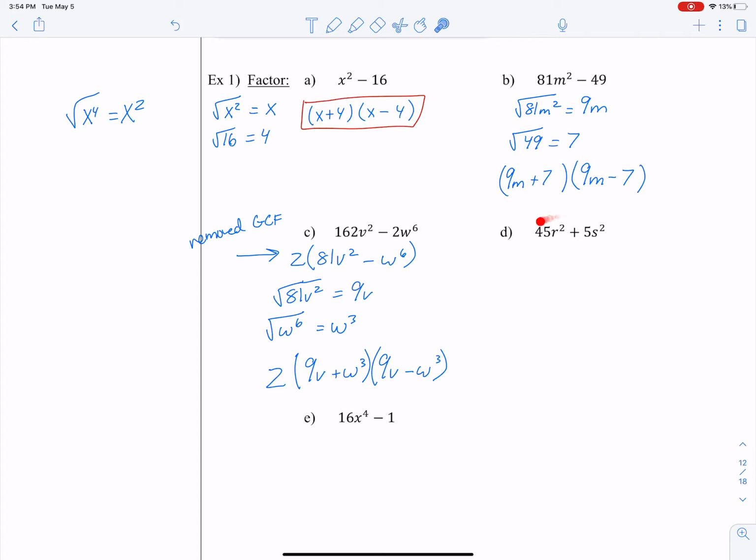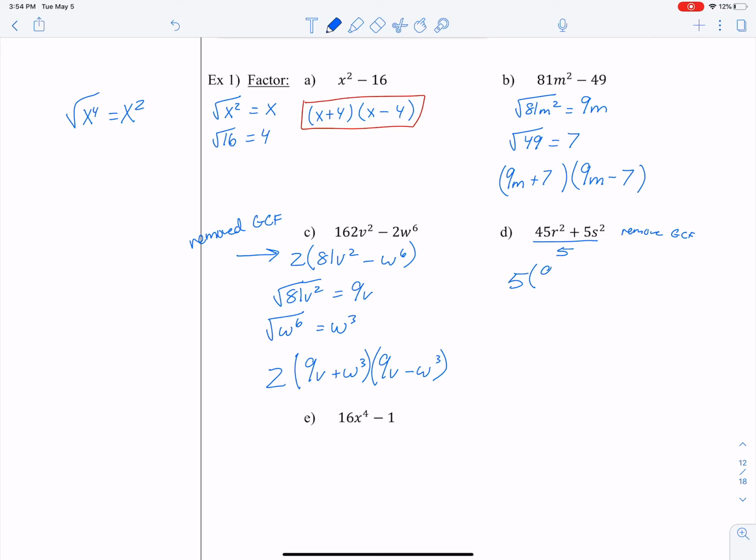Next, this next one, 45 and 5, those are both divisible by 5. R squared, S squared, so it's not the same letter. I forgot to write this step on the last one. So divided by 5, I'm going to remove the greatest common factor first. So I take out a 5.